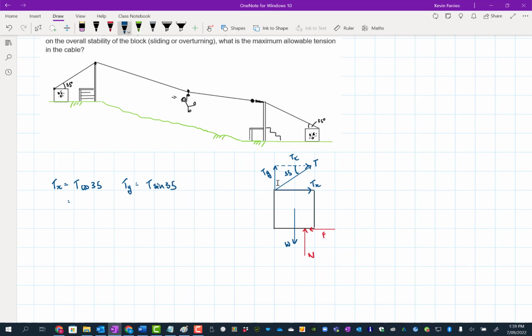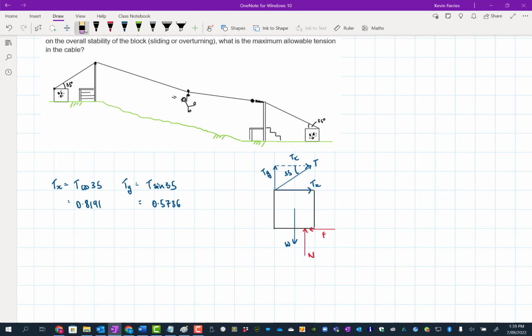Well, let's just calculate what those are. Cos 35 and sine 35. Cos 35 is equal to 0.8191, and Ty is equal to sine 35, 0.5736.